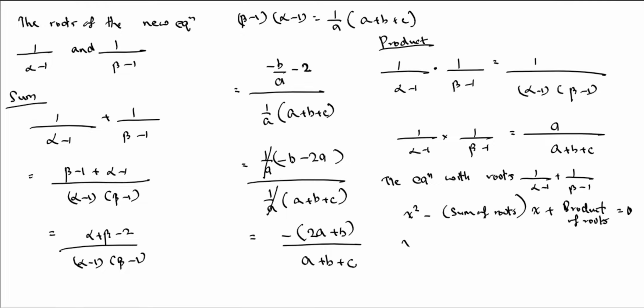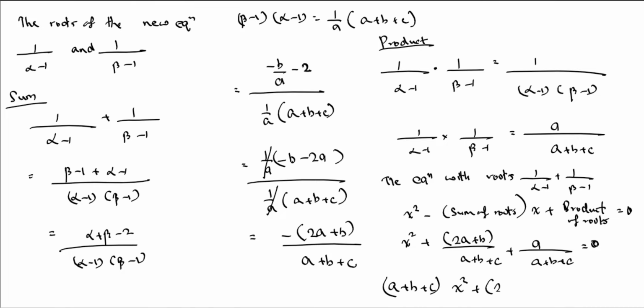So we have x squared, minus minus becomes plus, (2a plus b) over (a plus b plus c) x, plus a over (a plus b plus c) equals 0. Cross multiply: (a plus b plus c) x squared plus (2a plus b) x plus a equals 0. So this is the equation they have given us. We have got that equation perfectly.